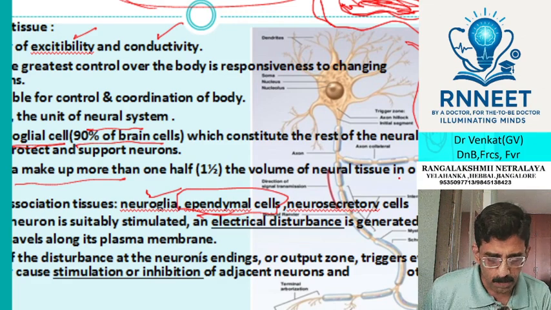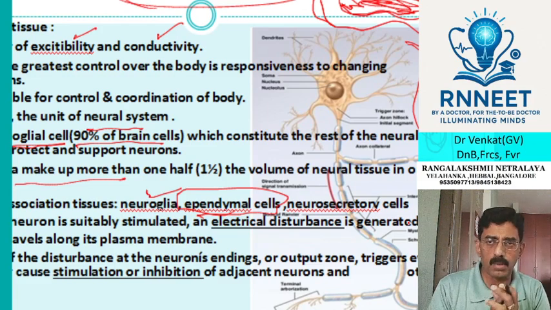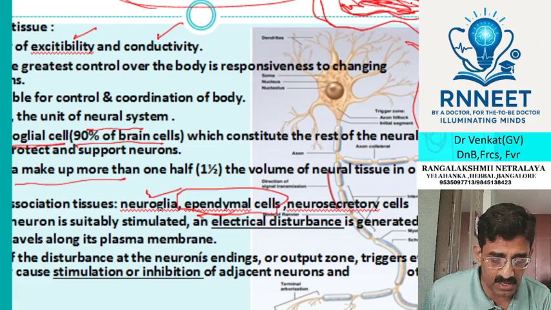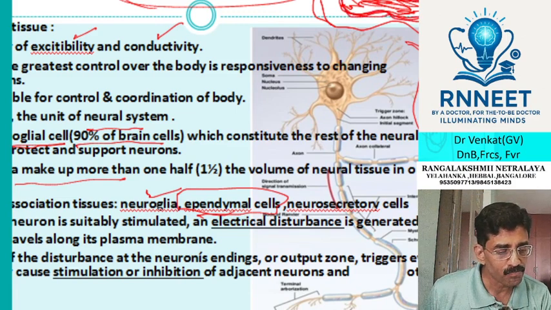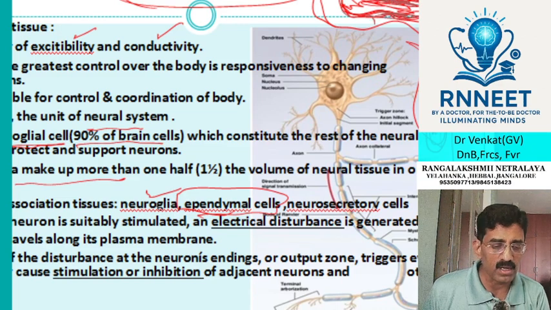So the cerebrospinal fluid is present within the brain tissue and around the brain tissue. It is secreted by the epithelial cells lining these ventricles, called the ependymal cells. So this tissue lining the inner part is called the ependymal tissue.